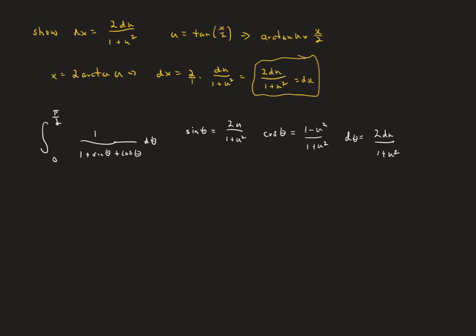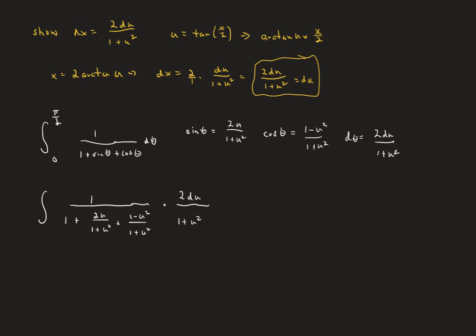Okay, so we have our integral is going to be 1 over, this is going to be a mess to start with, 1 plus 2u over 1 plus u squared plus 1 minus u squared all over 1 plus u squared. And here's our d theta, 2 du over 1 plus u squared.